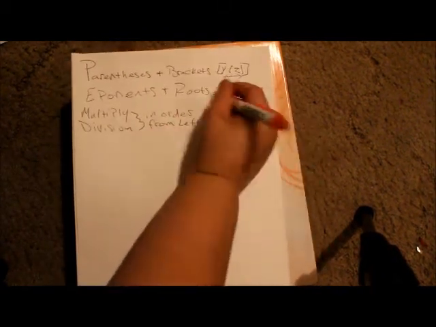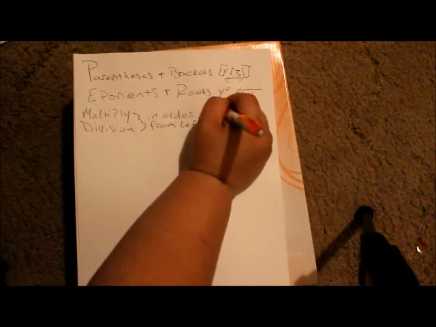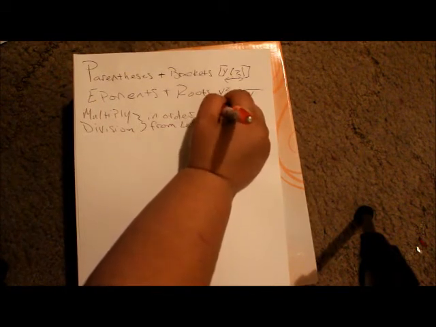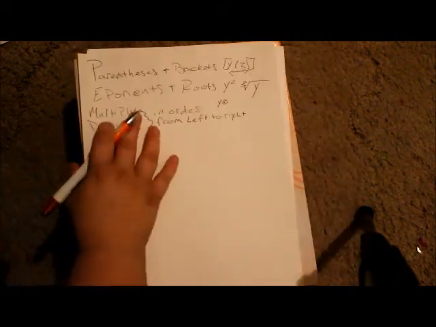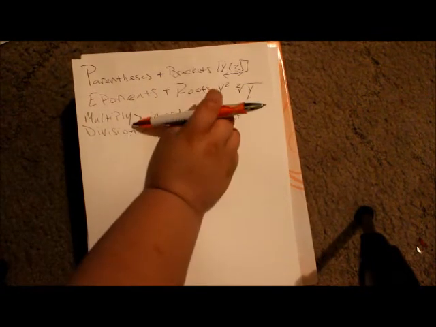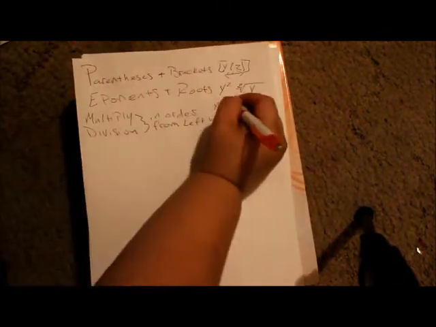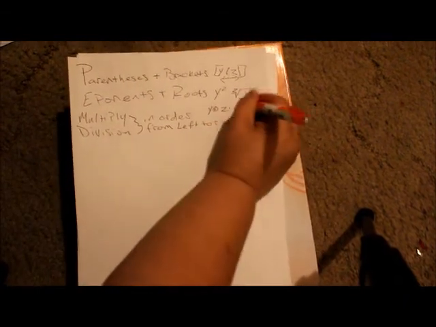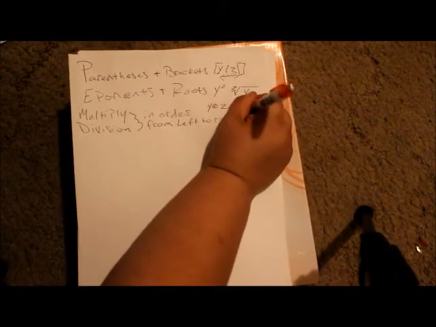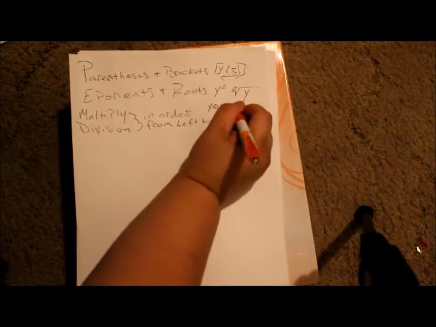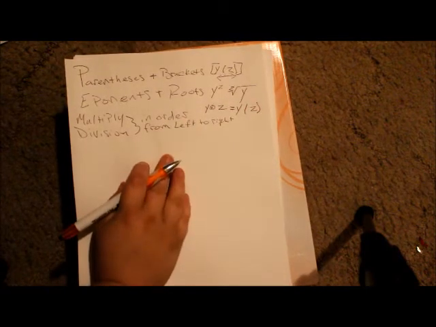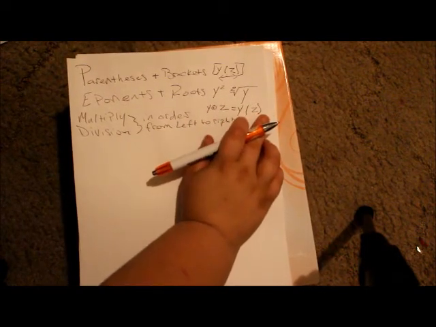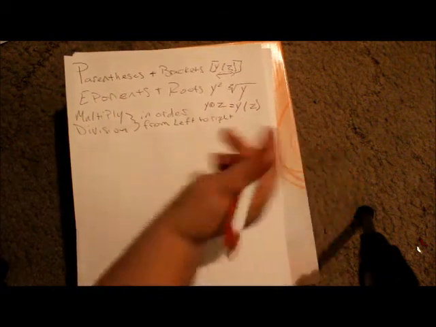Multiplication can look like Y times Z, with a circle around the X so that you know it's a multiplication symbol and not a variable, or you can write it as Y, Z. Both of those are equal to the same thing. It's just a fancier way of writing it than what you learned in elementary school.